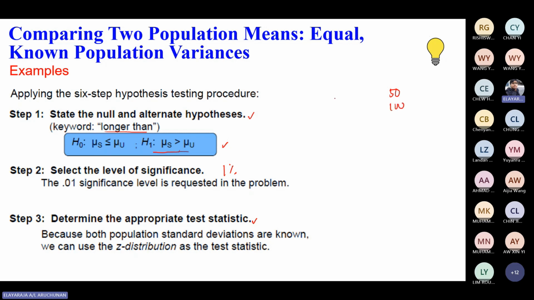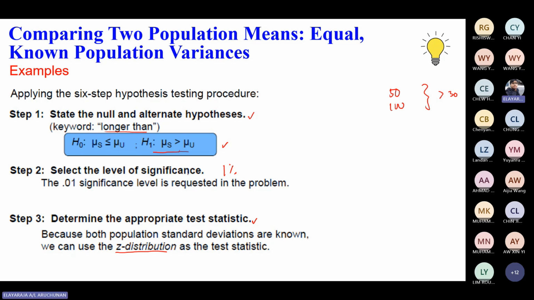If you can see, this is more than 30 samples. If less than 30 samples, then we have to use the t test. If it is more than 30, then we consider the z distribution, the normal distribution. So we're going to use the z distribution as the test statistic.